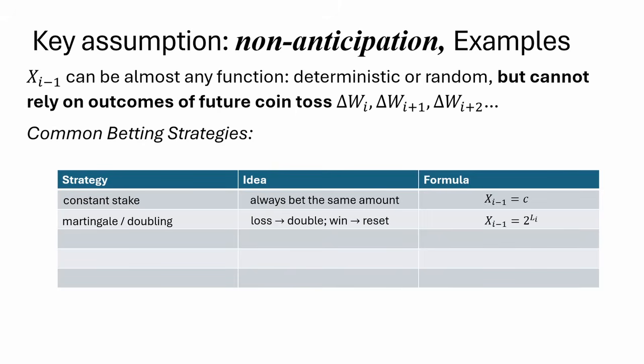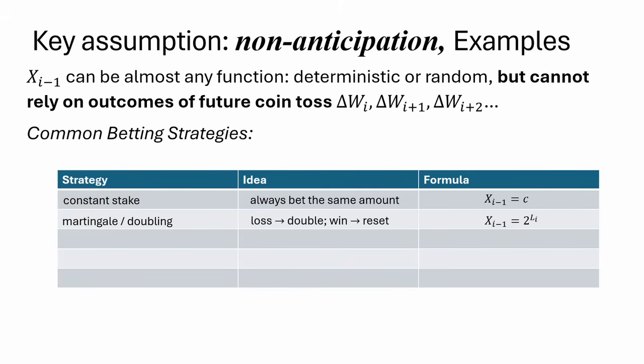Next up, we have an interesting strategy historically called the martingale, or doubling. The idea is you start from the initial stake x0 of 1. If you lose, you double it. If you win, then reset the next stake to be 1 again. So imagine if you place $1 at the beginning, and it turned out that you lost the first round.